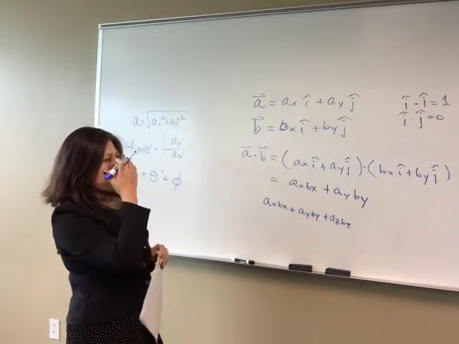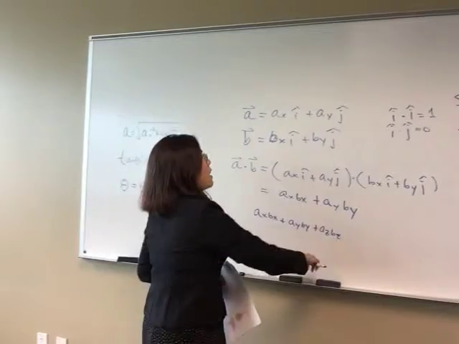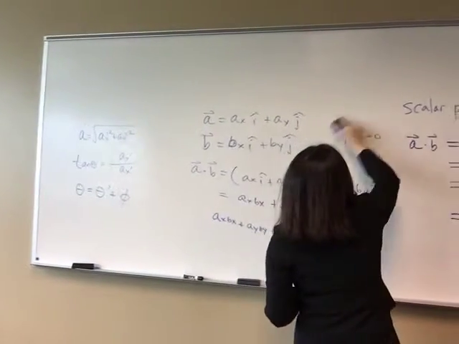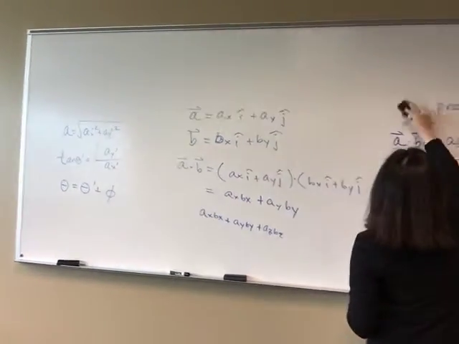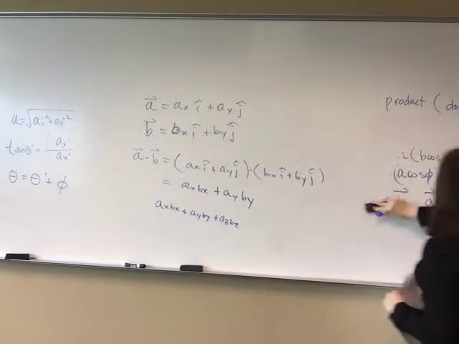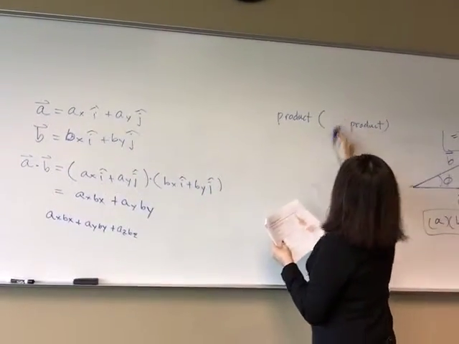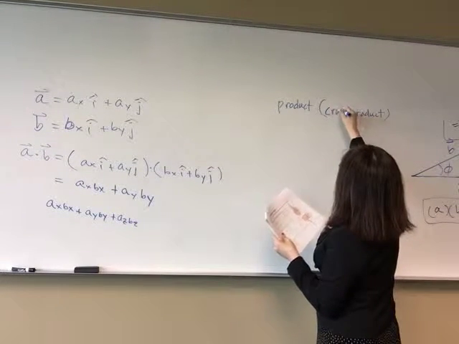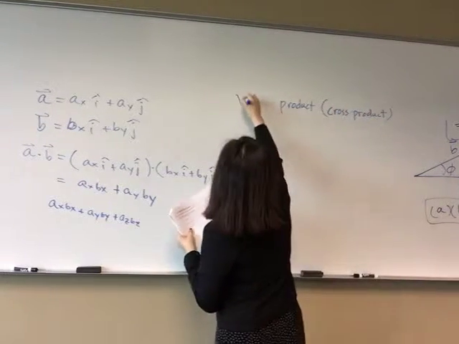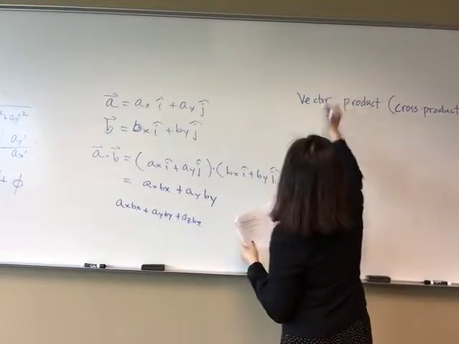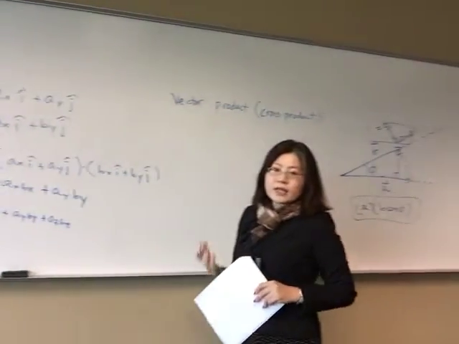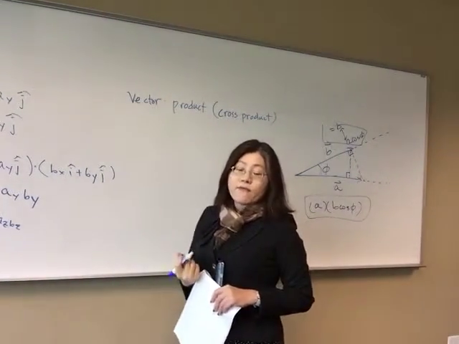Now the other product that you're going to use a lot is what we call the vector product, or cross product. When we say vector product, it just means that after you multiply them together, they are still a vector.